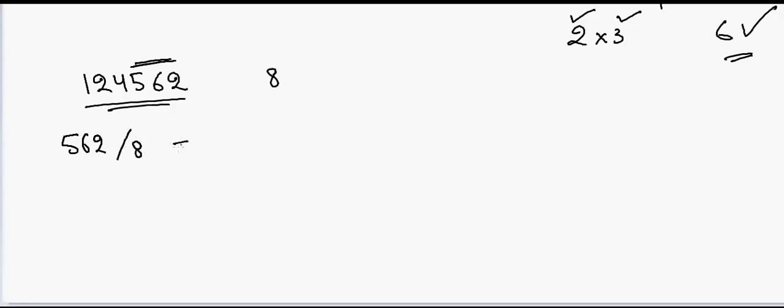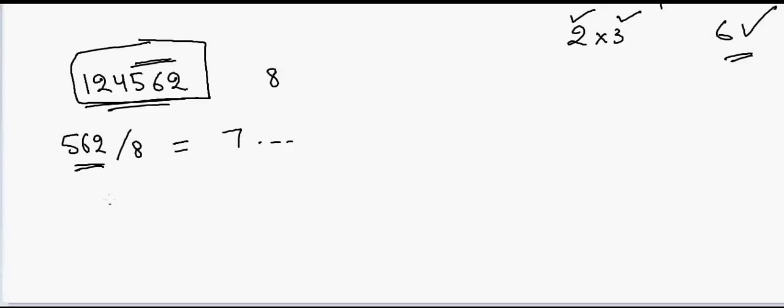If we divide it by 8, from this I can see that we get 7 and then something which is not divisible by 8. So this number is not divisible by 8. So this whole number should not be divisible by 8.